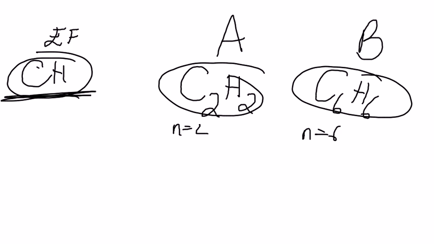And what I really want you to think about, and think about it real hard, is that empirical formula is just giving you the ratio of the two elements, and that's it. Nothing more than that. That means that, because the values of n are different, you can have two different compounds which have the exact same ratio. In other words, the exact same empirical formula can be possible for two different compounds.